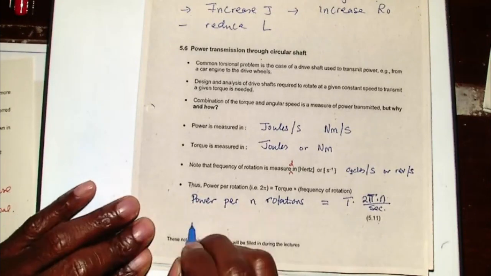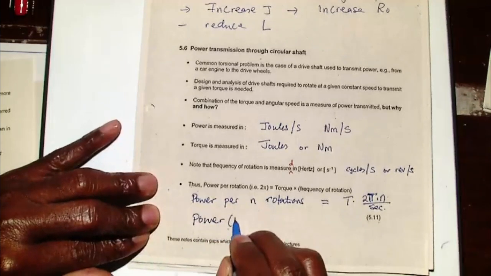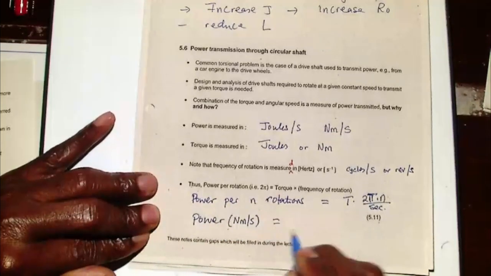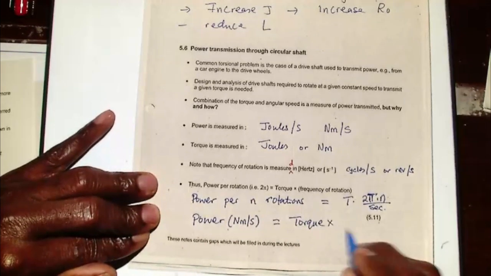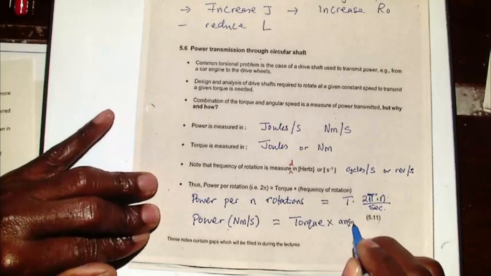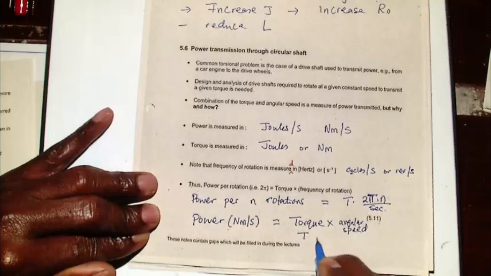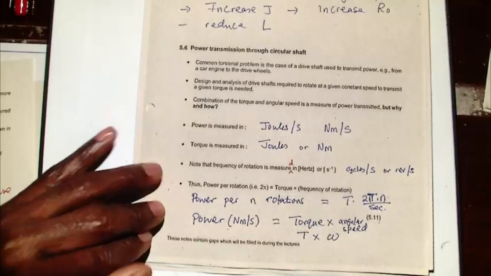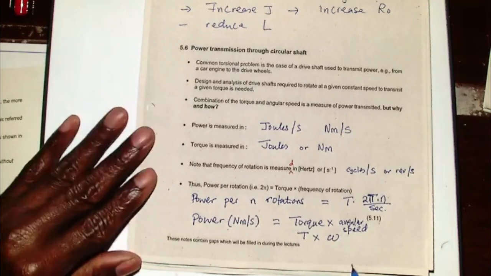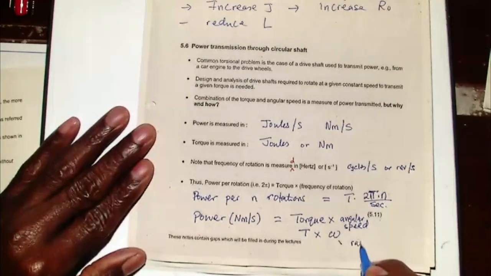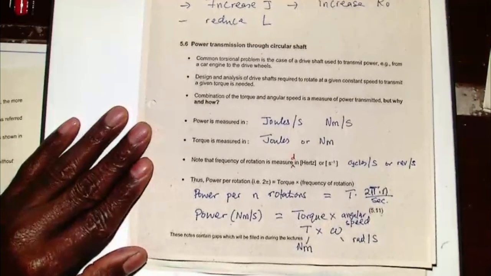So we can therefore say that power, which is in Newton meters per second, is equal to torque times angular speed. My angular speed is in radians per second, so that we are very clear, and torque is in Newton meters.